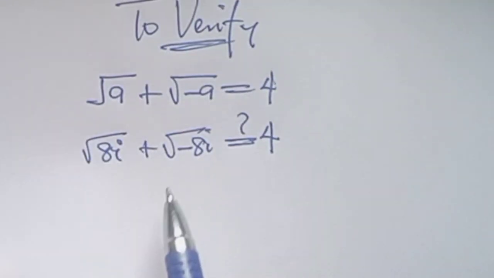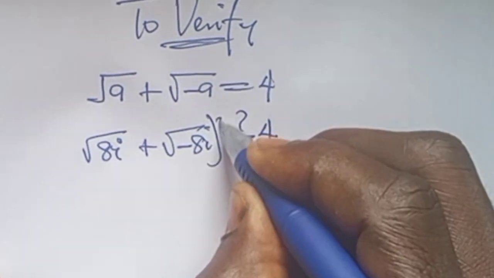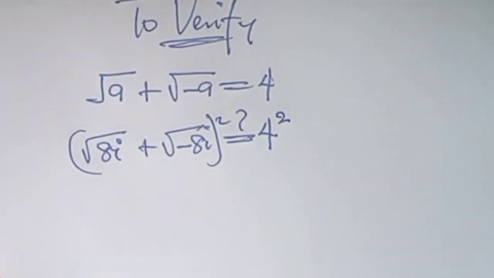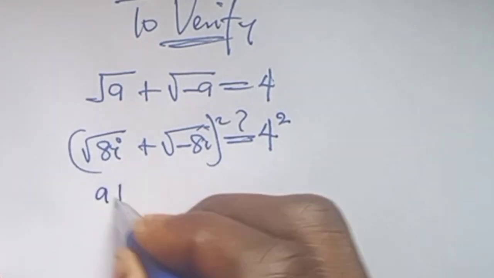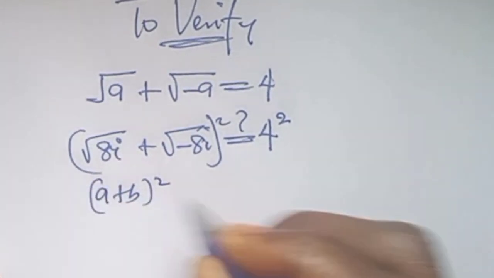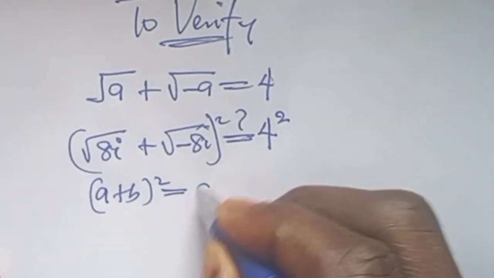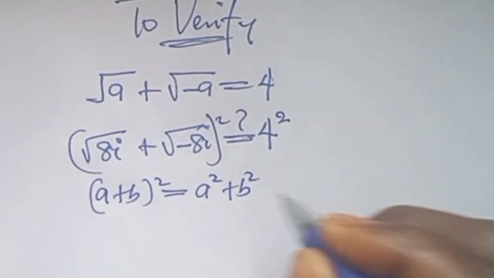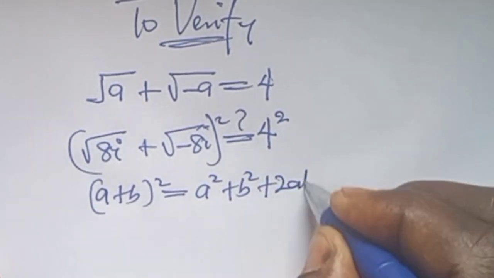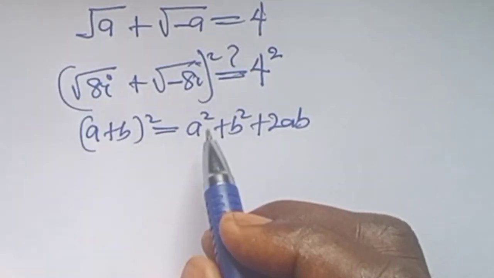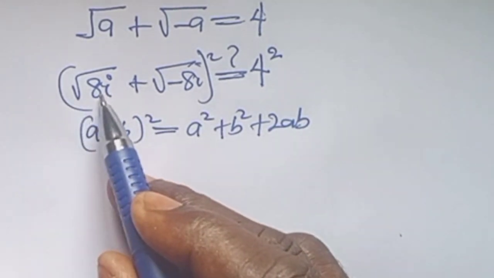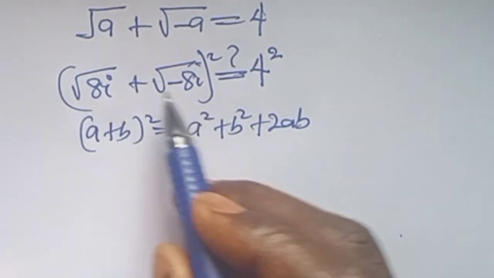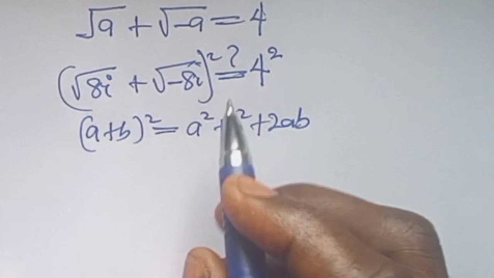If we take the square of both sides, that is to the power of 2 and also to the power of 2, then we can consider this to be in the form of a plus b to the power of 2, which is represented as a squared plus b squared plus 2ab, where a is the square root of 8i and b is the square root of minus 8i.